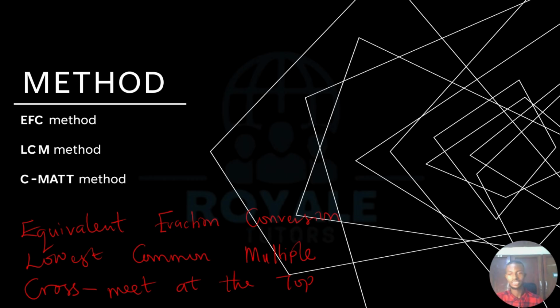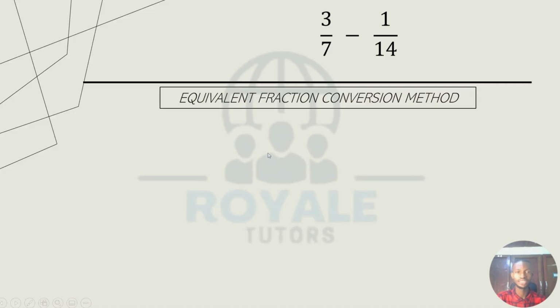Now let's look at how they work. Now look at this example. The equivalent fraction conversion method is used when the denominator of one is a factor of the denominator of the other fraction.